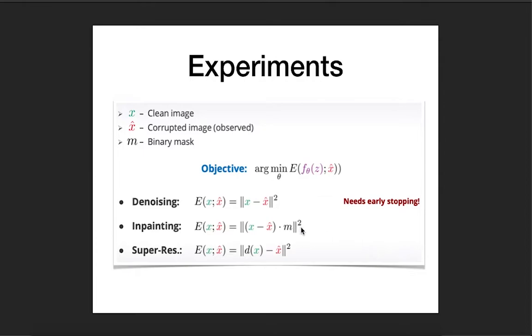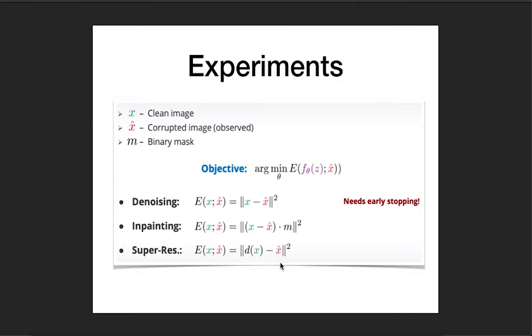So this is for denoising, and for super resolution you can just change it a little bit. Instead of forcing it to predict a noisy image, you ask it to predict an x hat in such a way that when you downsample this x hat, you get a low resolution image.